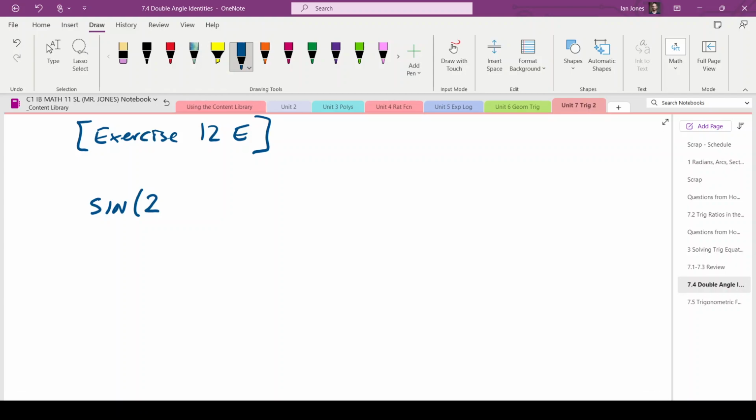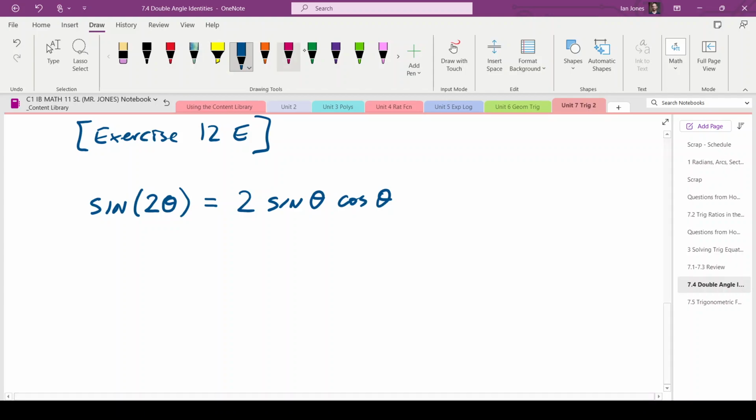I'll use theta. Sine of 2 theta equals 2 times the sine of theta times the cosine of theta. Okay? Now this may be a little counterintuitive, but this is true. And you can try it out with, pick a value for theta and try it out on your calculator.